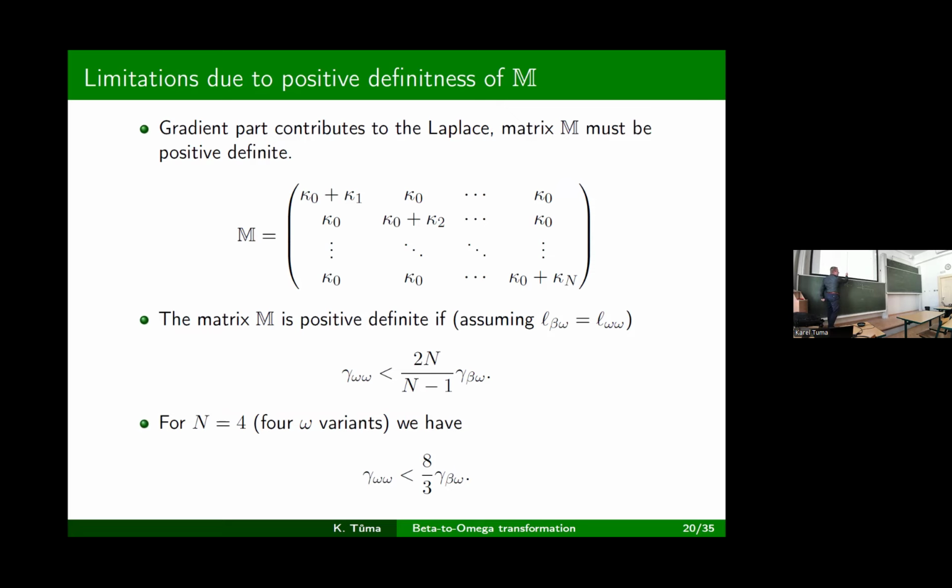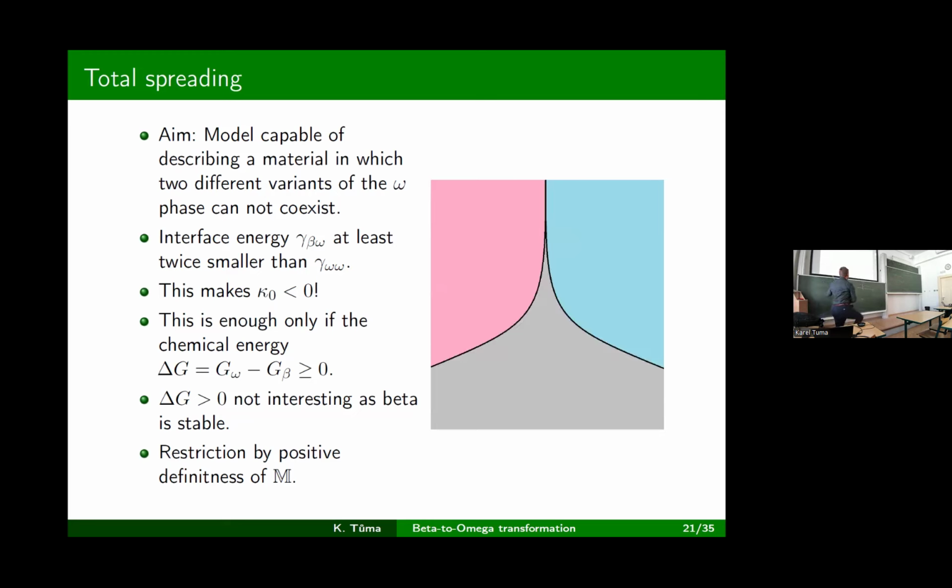So we need to compensate the negative kappa 0 by large enough kappa 1 to kappa n. This is this condition. If you implement it in a way that you use just gamma omega omega, for example, 2.1 times gamma beta omega, it works fine before you add the chemical energy.